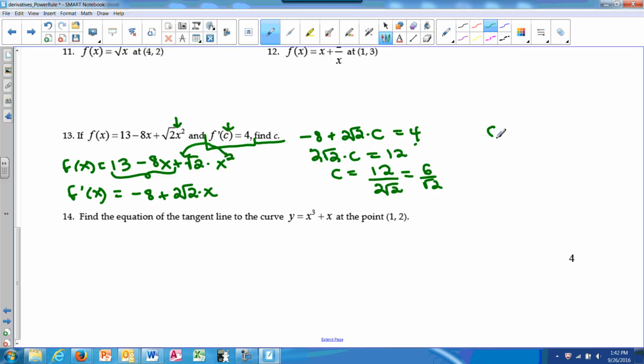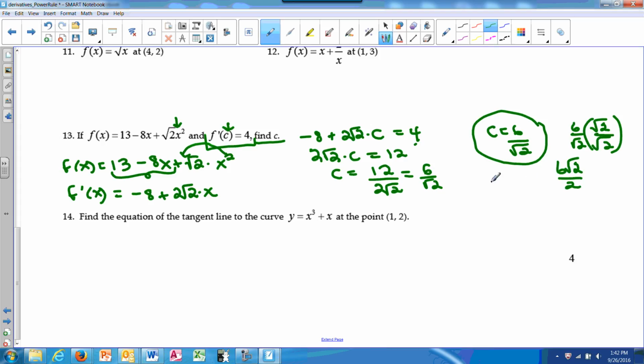It's just a constant times x squared. So I want to make sure we notice that we're not raising the x itself to a half power. So the derivative of 13 is 0. The derivative of negative 8x is negative 8. Or again, you can think about that as a linear, and the slope is negative 8.